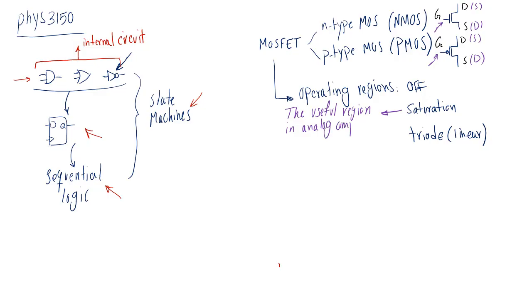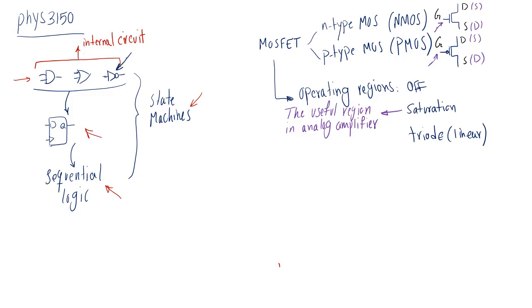amplifiers. So we didn't discuss in this course the internal circuit of an op-amp, but if we do, it's built using transistors, and the transistors in an op-amp are all working in the saturation region, and the operation of an NMOS or PMOS, a MOSFET, a transistor in the saturation region, is entirely different from its operation in the triode region.